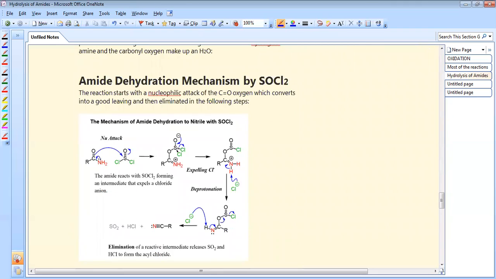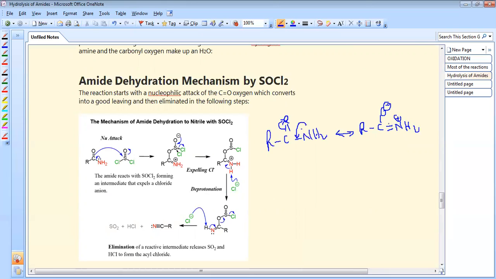So again, see, this is the amide, C double bond O NH2, and the lone pair of electrons of nitrogen will participate in resonance. Thereby we get R C, O minus, and double bond NH2 with a positive charge.